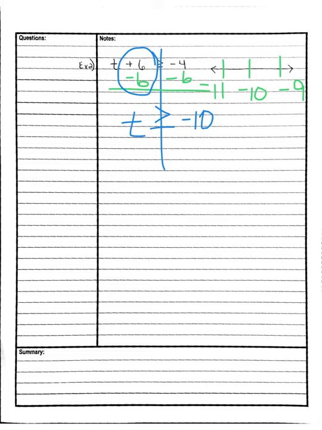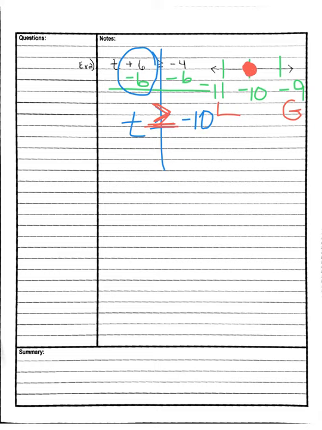Now, it was greater than or equal to. We need to be careful with this because of the equal to symbol, greater than or equal to. It means we are going to have a closed dot on the -10. And it's saying that our letter t is greater than or equal to -10. Well, which value? We remember the one to the left is less than, the one to the right is greater than.